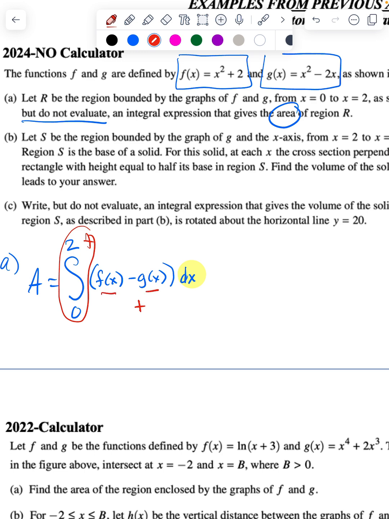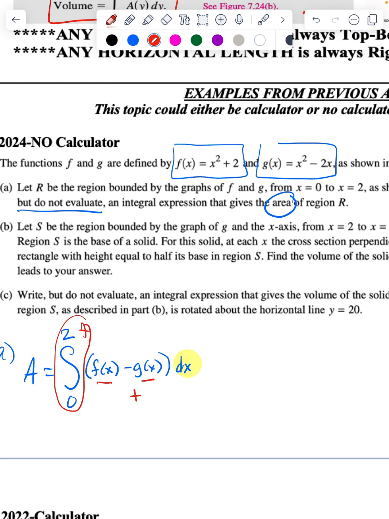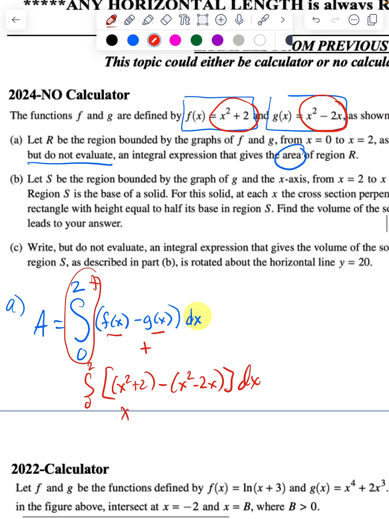You can write f of x minus g of x. You don't have to do this. Alrighty? So you could, I mean, if you wanted to have from 0 to 2 of x squared plus 2, which is f of x, minus x squared minus 2x, and then that whole thing, dx, you could do that. You could do x squared plus 2, distribute that negative carefully.